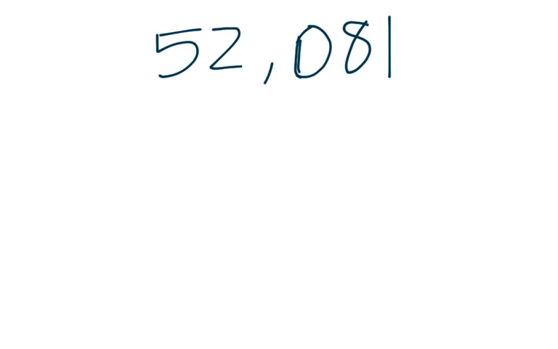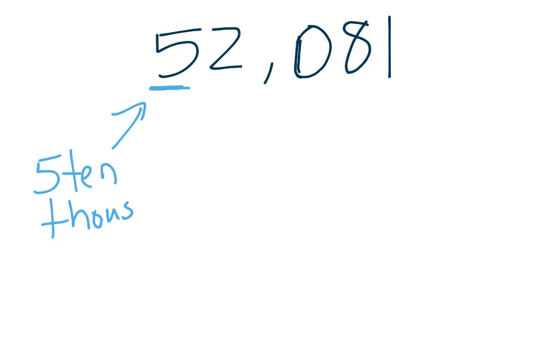Now let's break this number down by its place value. Our 5 is in the 10,000s place, so we have 5 10,000s. Then we have 2 in our thousands place, so we have 2 thousands. We don't have anything in our hundreds place, so we can skip our hundreds place and go straight to our tens place.